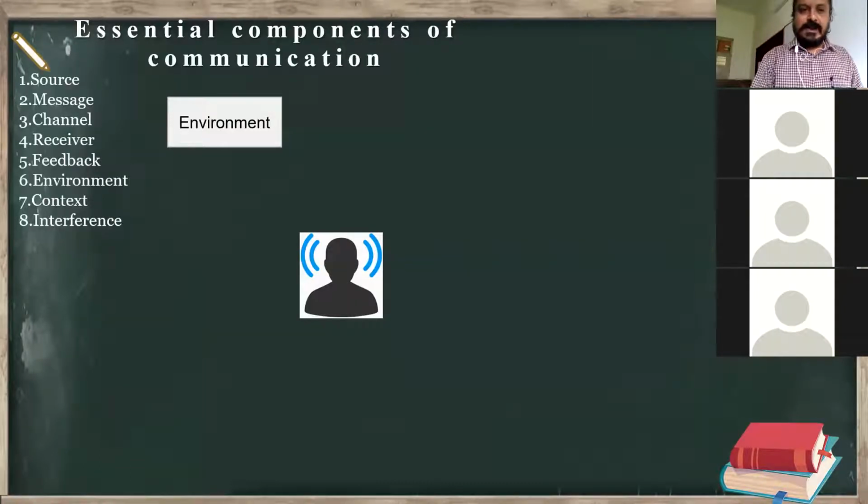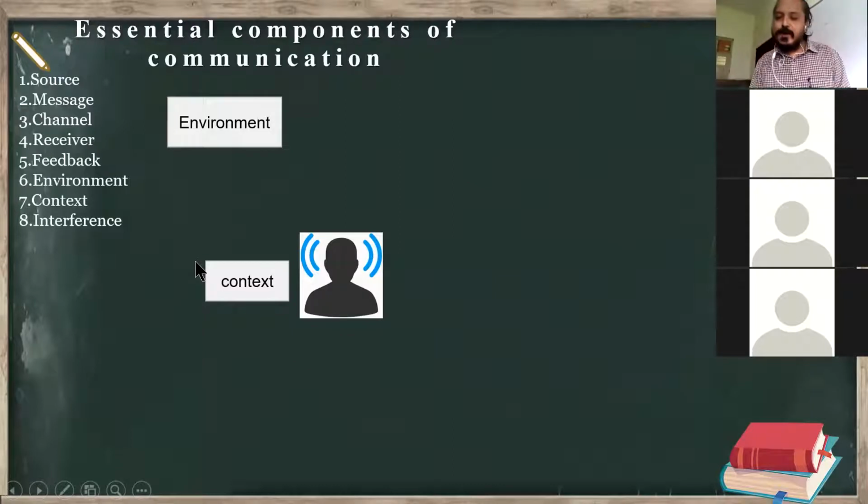Okay, so the next is the context. In which context are we trying to initiate the process of communication? Right now, our context is to understand the essential components of communication.